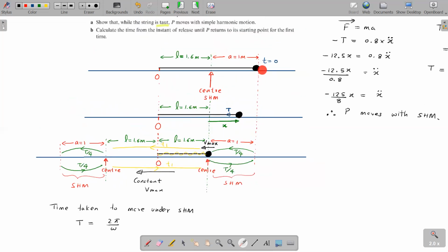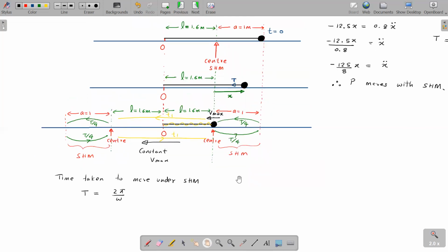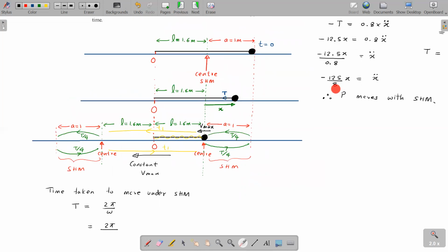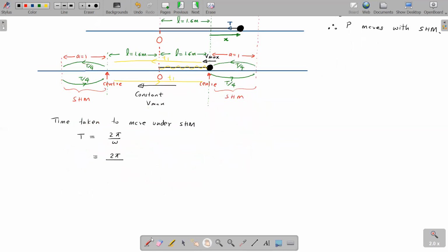So here T over 4, T over 4, T over 4, T over 4. So the SHM occurs at the corners and the time taken for the SHM part is 2 pi over omega. Are you with me? What was omega? I think omega square was 125 over 8. Are you with me? Omega square is 125 over 8. Can you simplify?